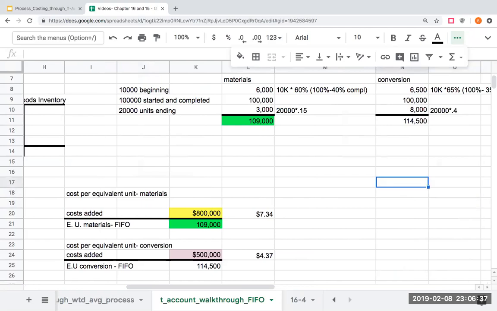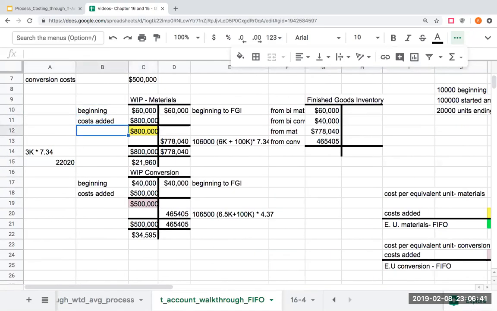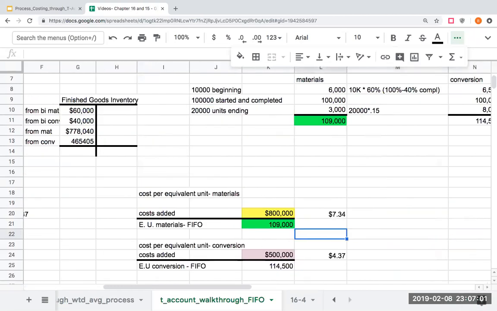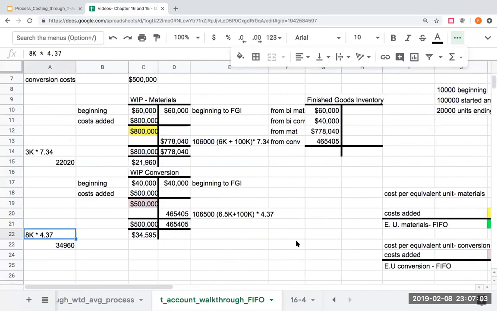I have here basically 8,000 times 4.37, and I get 34,960, which is pretty close to this balance here. I realize that I went through this rather quickly, but hopefully it helps.